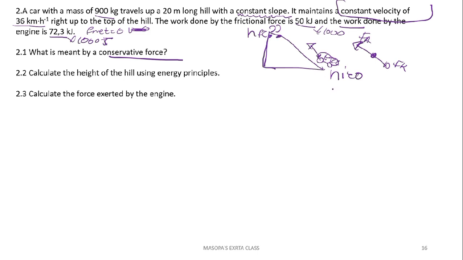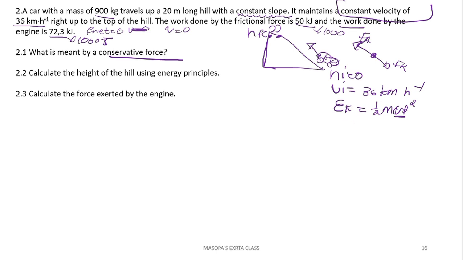Also, the initial speed is 36 kilometers per hour, and we're given constant velocity, which means that we don't have the Emech change for that object. Because of constant velocity, the change in kinetic energy is 0.